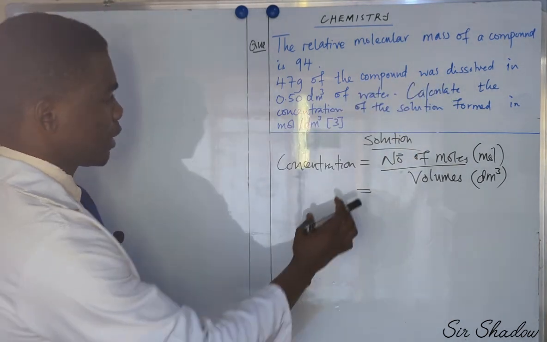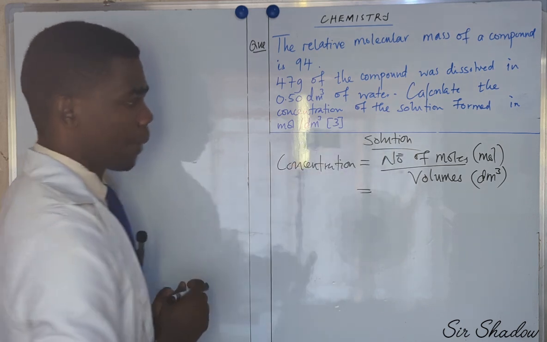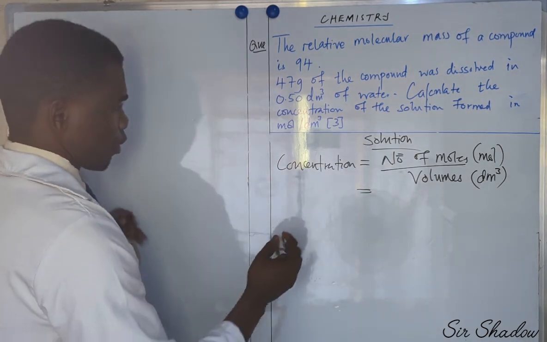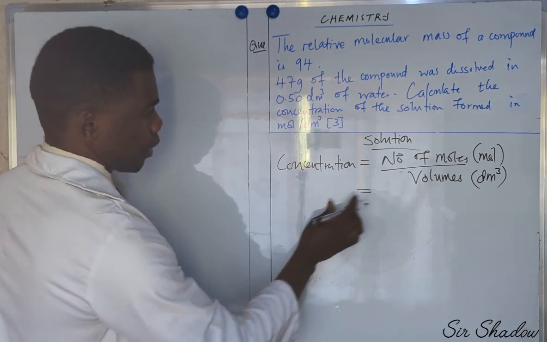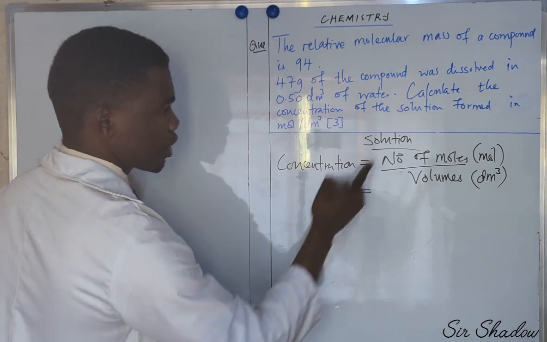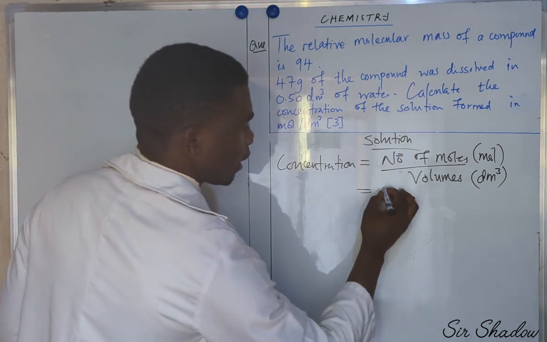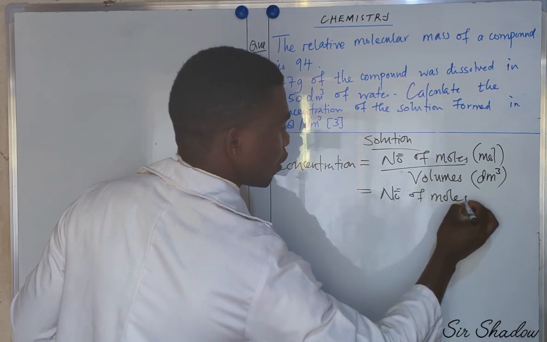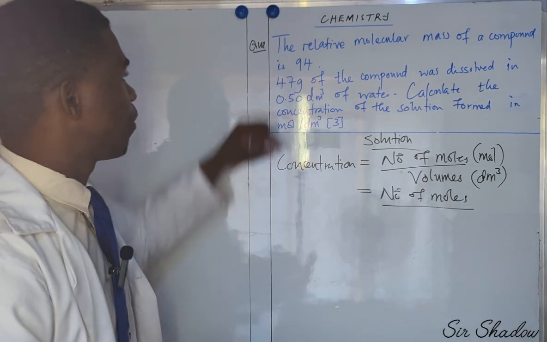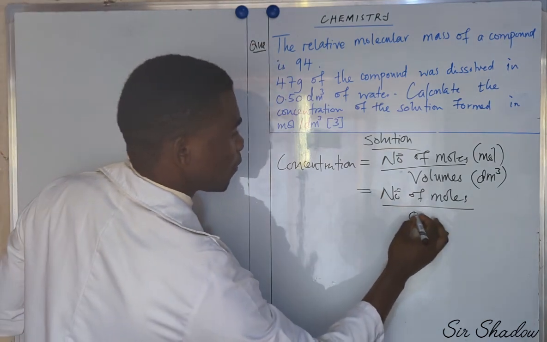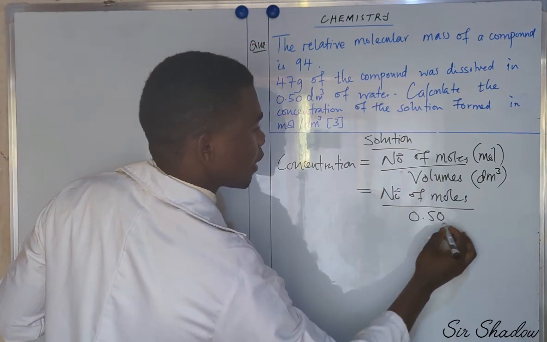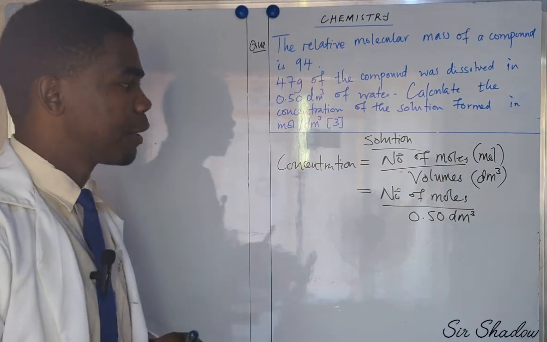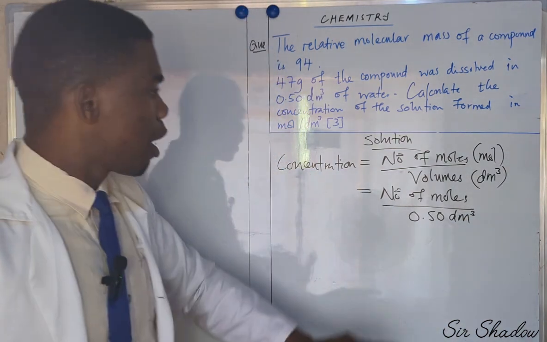So for us to calculate this concentration, first of all, we have to find the number of moles. How can we do this? Concentration is equal to number of moles over volume. The number of moles we are not given, but we are given the volume in dm3.